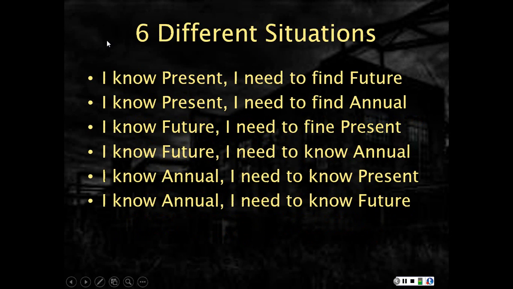So basically, if I have 3 different variables, I can only have 6 different situations. So I can know the present, or P, to find the future, F. I can know the present and need to find the annual, so I know P, find A. I can know F, or future, to find P. I can know F to find A, the annual amount.